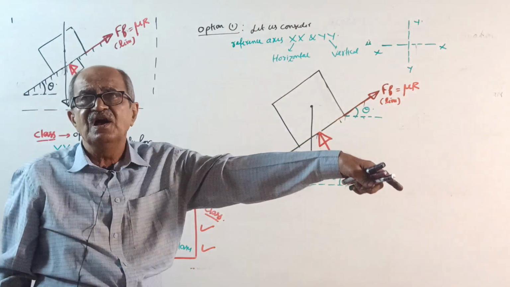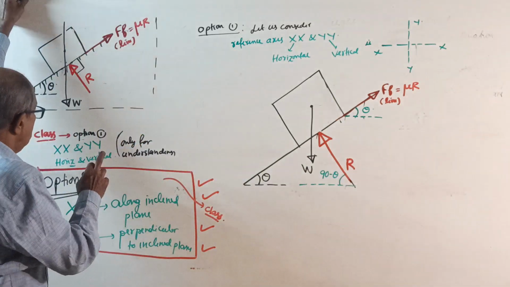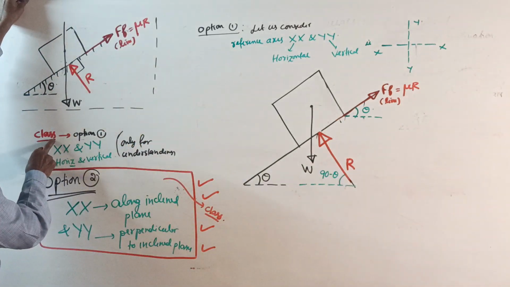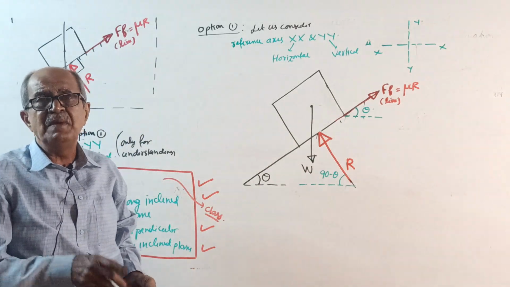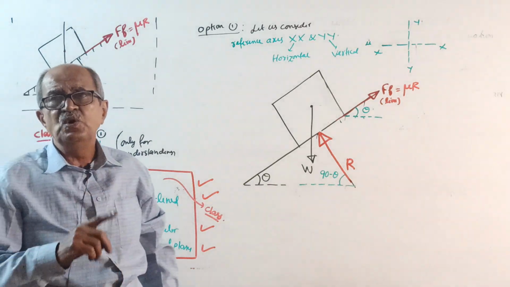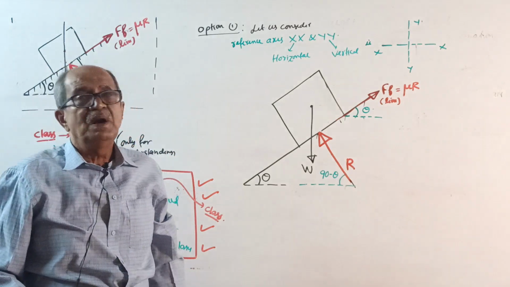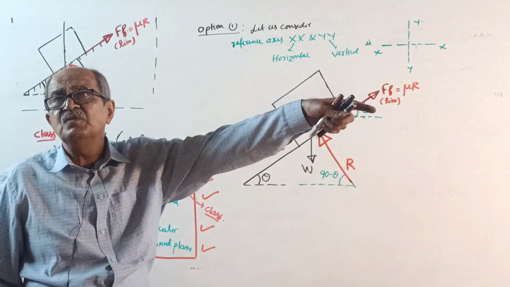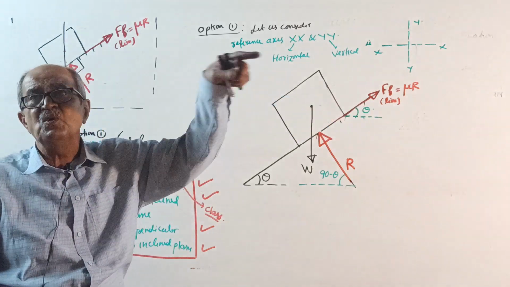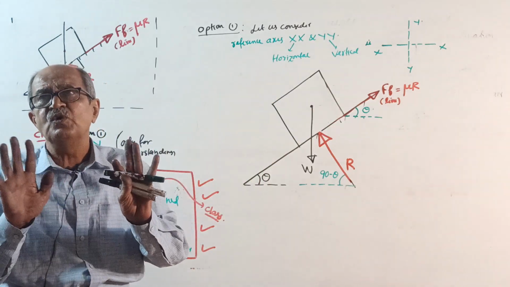Last class I explained this thoroughly. That is the usual practice. It has an advantage, but remember that advantage is only when there is one inclined plane at a time. If two inclined planes come, as later in wedge friction or some other question, then don't go for it.